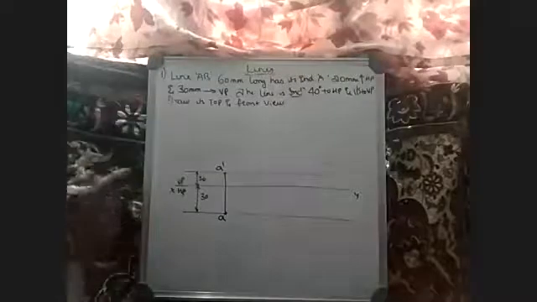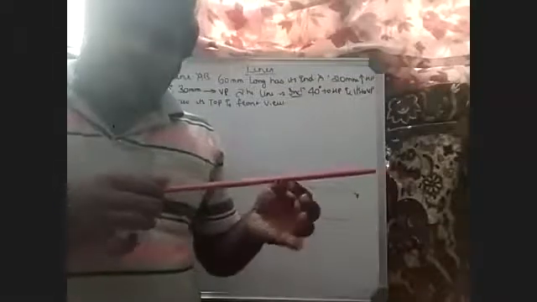Now it says the line is inclined 40 degrees to HP. You have done this already in the planes and solids chapter. This is a line which is parallel to the horizontal plane.